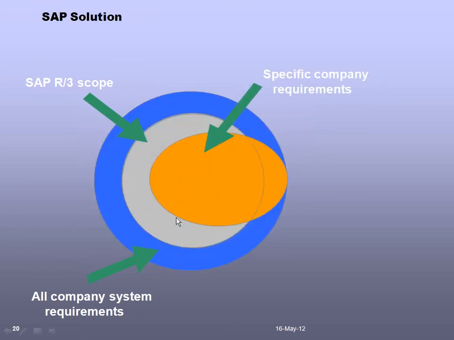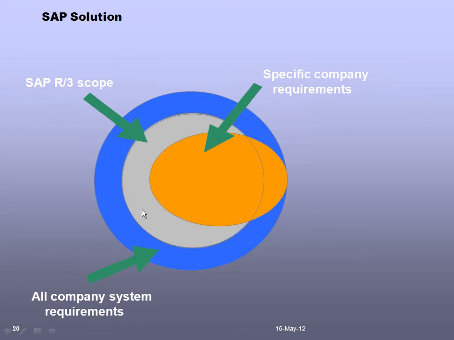Now you see here this particular elliptical shape. This is a specific company's requirements. For example, in case of the automobile industry, assume there is a company called General Motors, or let's say Ford. So this yellow elliptical shape is the requirements of a particular company called Ford Motors. Now you could see here, the majority of this ellipse has been covered in the inner circle.